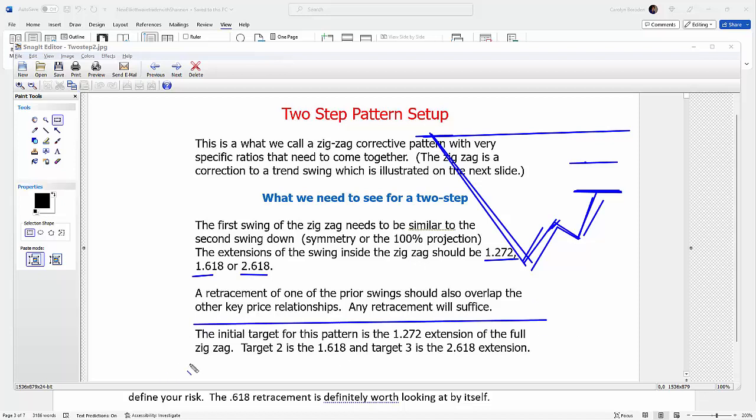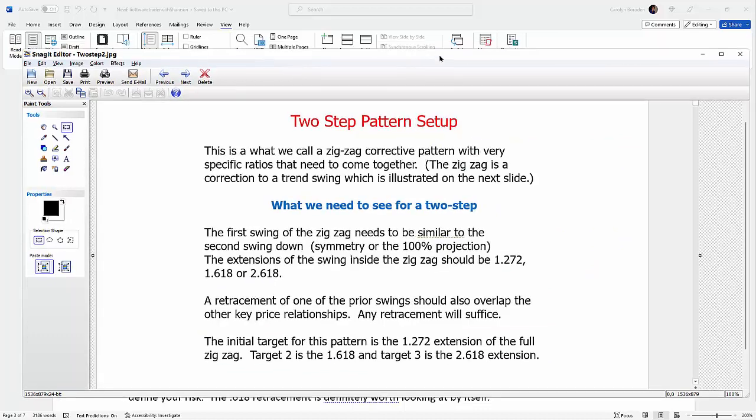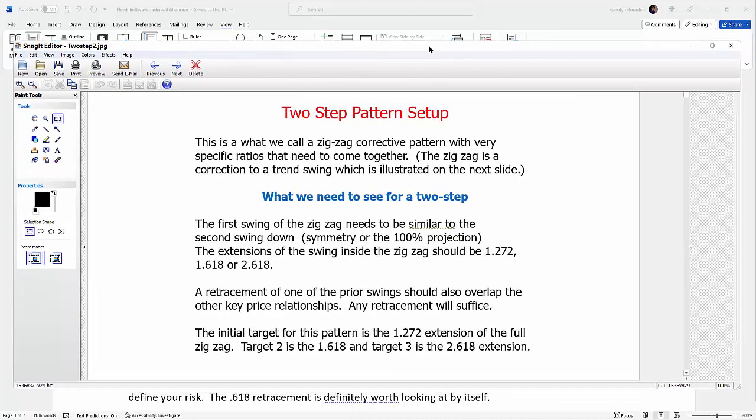Okay, but you have it. Initial target is always 1272 of the full zigzag. Target 2 is 1618, target 3 is 2618. But we haven't had very many. The best setups are price clusters that include symmetry.